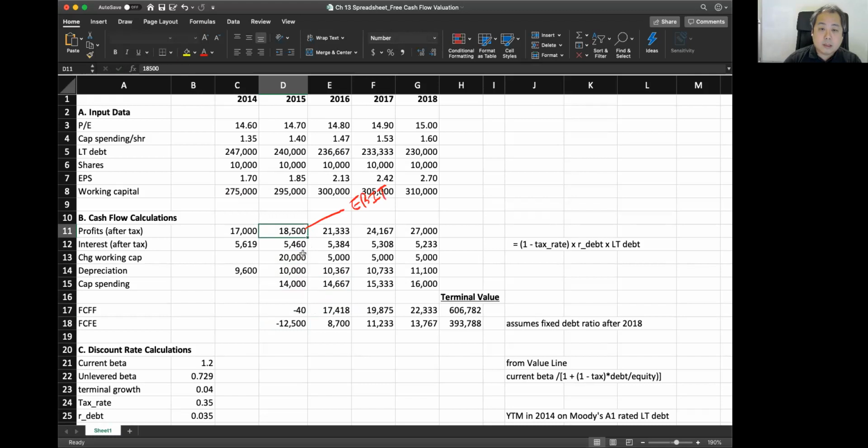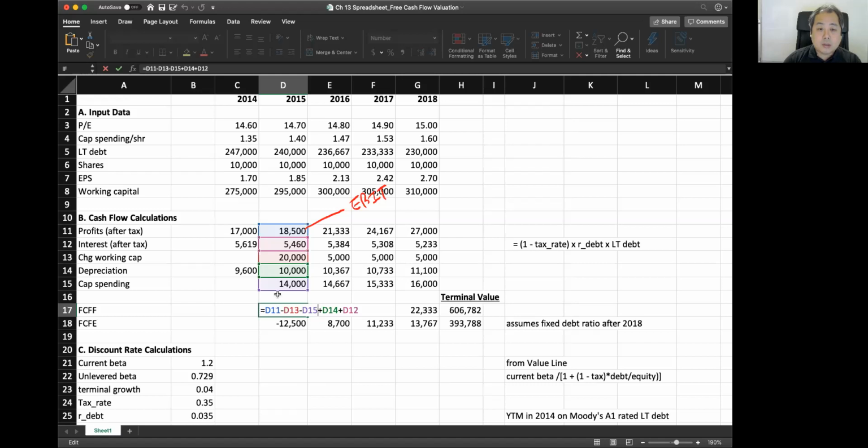So 1 minus TC, which means this one, right? So tax. And then the next part is the change in net working capital.